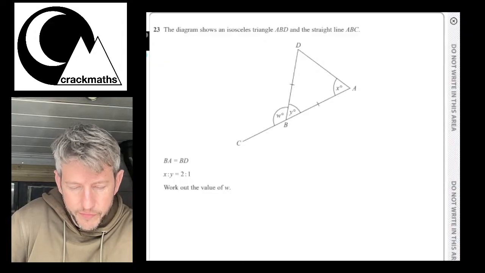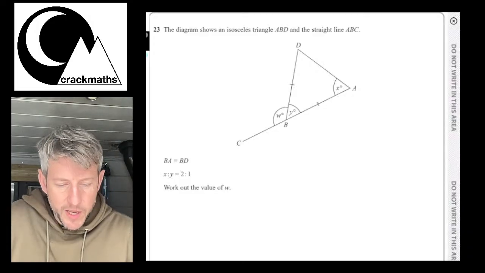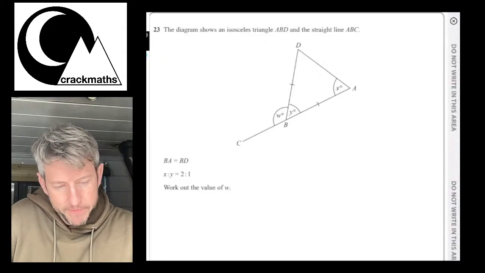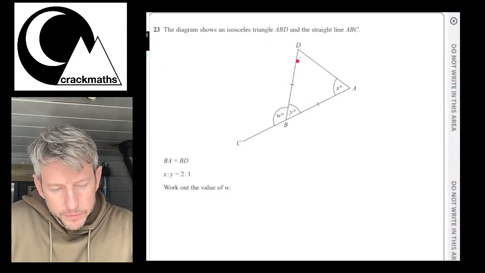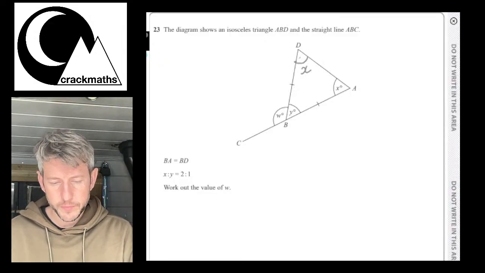Work out the value of w. Right, so let's have a look at this. If this is an isosceles triangle, that will also be x.